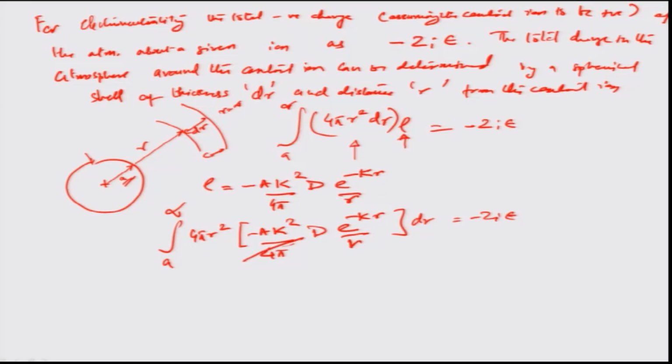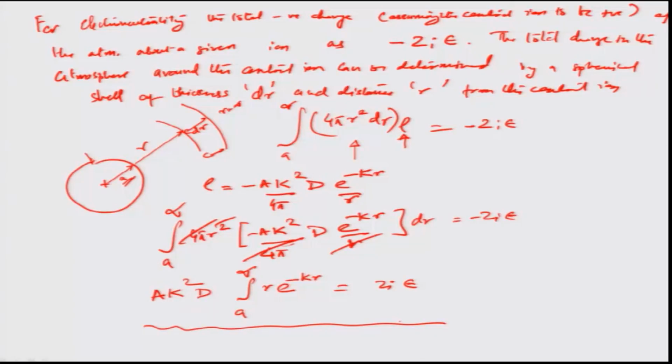So, the 4 pi goes away, the r goes away, and we are left with an expression: K square times D, integral a to infinity r e to the power of minus capital K r equals Zi epsilon.